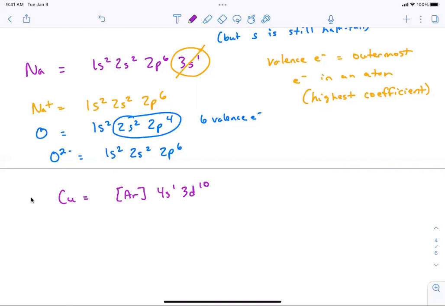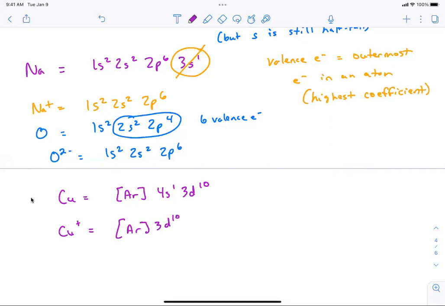Actually, Cu 1 plus means you lost 1 electron. Where do you lose that electron from? 4s. Just because it's not written last doesn't mean it's not a valence electron. That's why you have to pay close attention. So Cu plus is just Ar 3d10.